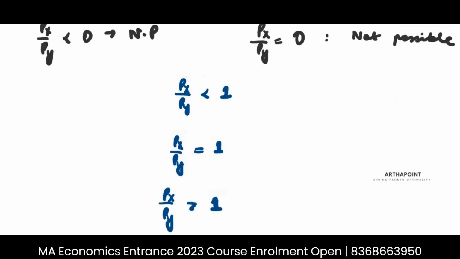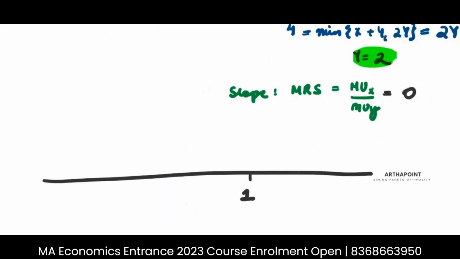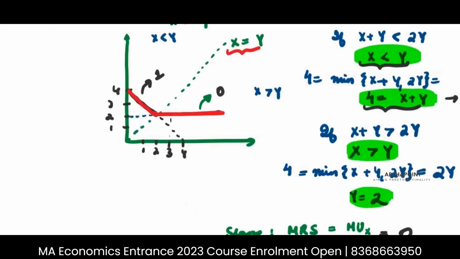If Px by Py is less than 1, then Px is less than Py, which means I will consume only good X. If Px by Py is equal to 1, then my budget line is coinciding with my indifference curve, which means my budget line also looks something like this.